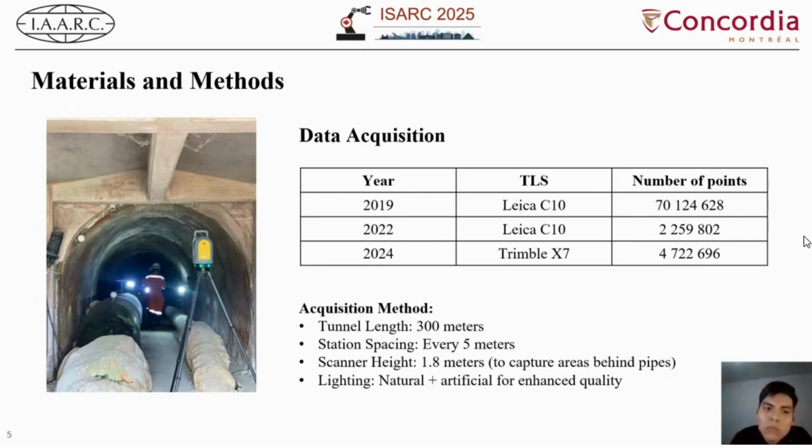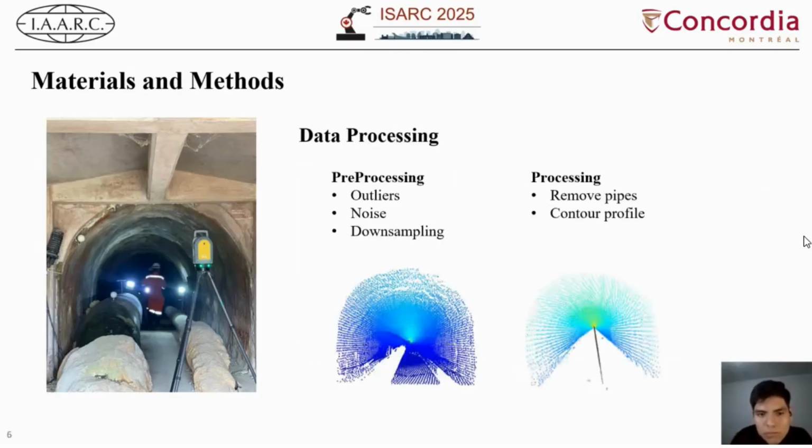The height was one of the biggest problems, because if you reduce the scanner height, it will affect some areas that won't be captured, especially behind the bicycles. As you see on the image, the bike has a big diameter, so it was difficult to find the ideal height. So we used natural and artificial light.